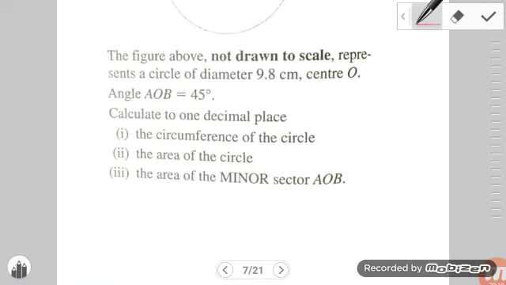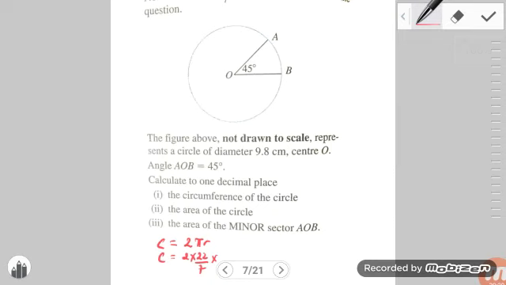So we can start off by saying here that C is equal to 2 pi r. So this C is equal to 2 times, they said that we should use pi as 22 over 7. And the radius, we just mentioned earlier that D is equal to 2R, and therefore R is equal to D divided by 2. We are told that the diameter is 9.8.